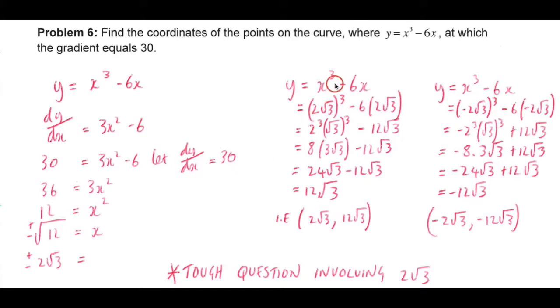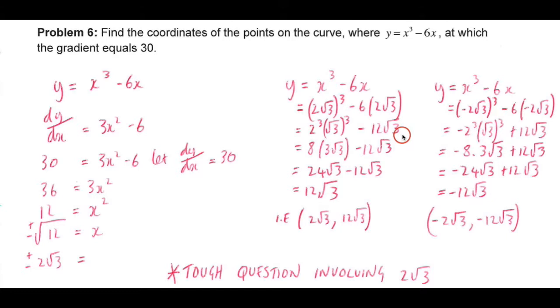In the next column, all I'm going to do is substitute the found x value into the original function. The first found x value I'm going to deal with is positive 2 times the square root of 3. So here's the original y function. I substitute x equaling positive 2 multiplied by the square root of 3, and then it's just a matter of tidying things up in each line.